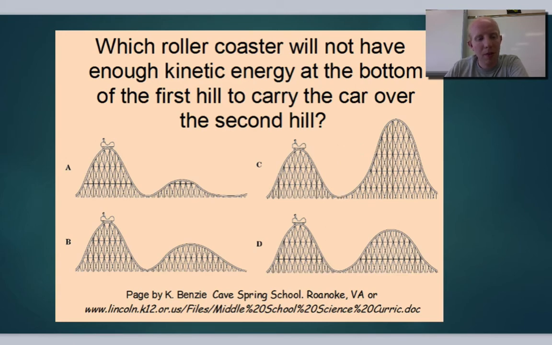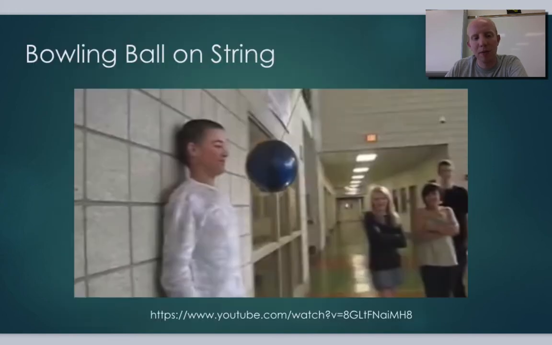A really cool example of this, you may have seen this experiment before, is where you put a bowling ball on a string, hold it right up to your face, and let go, and it does a big pendulum swing back and forth. You just have to sit there and hope that the bowling ball won't hit you in the face on the way back.